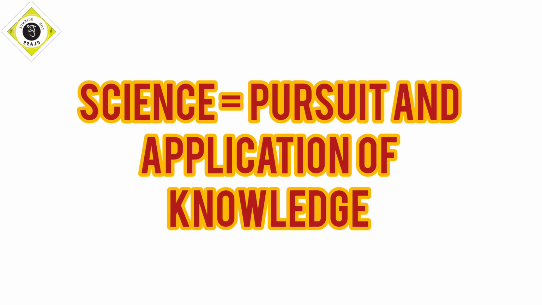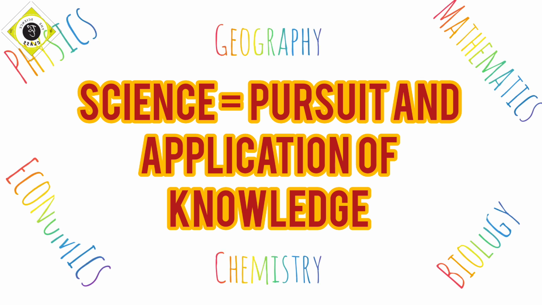What is science? Just like I told you, physics is an aspect of science, a branch of science. But what is science? Science is the pursuit and application of knowledge.